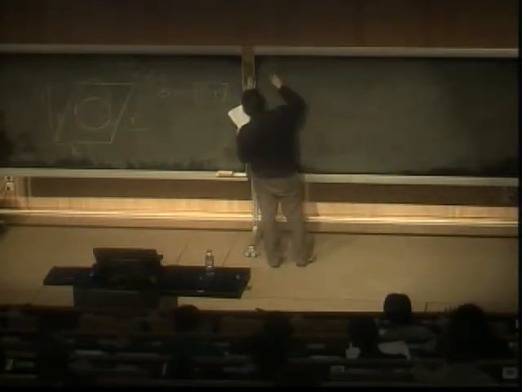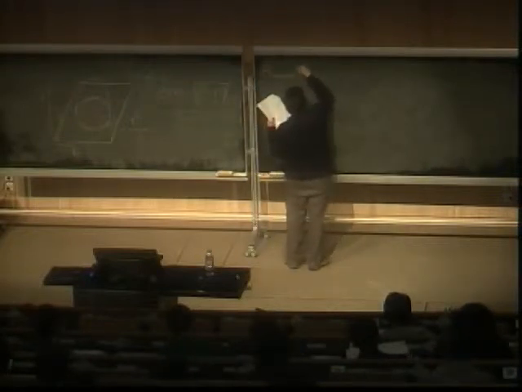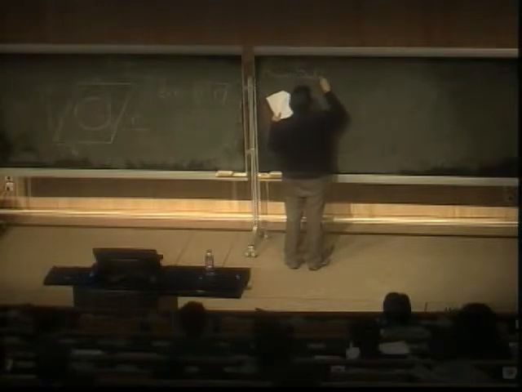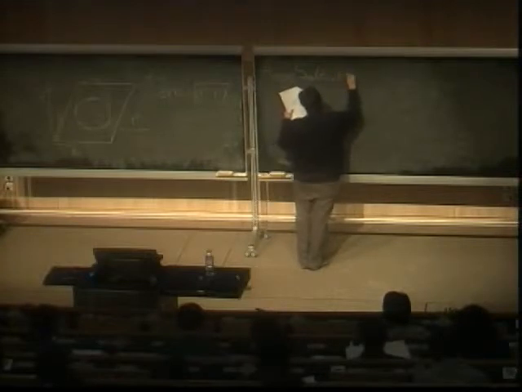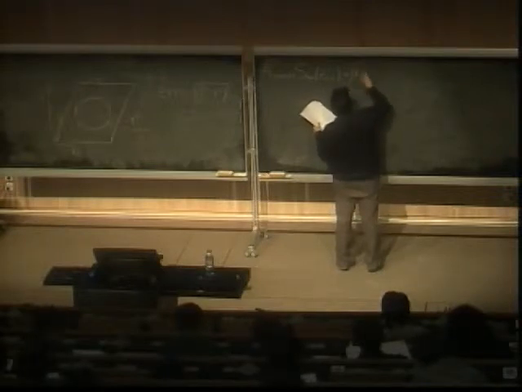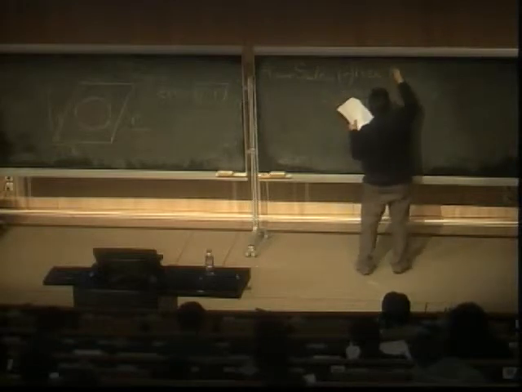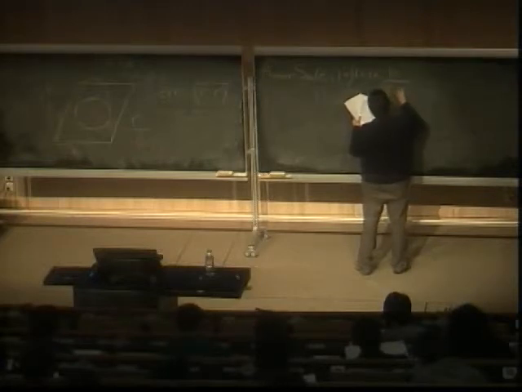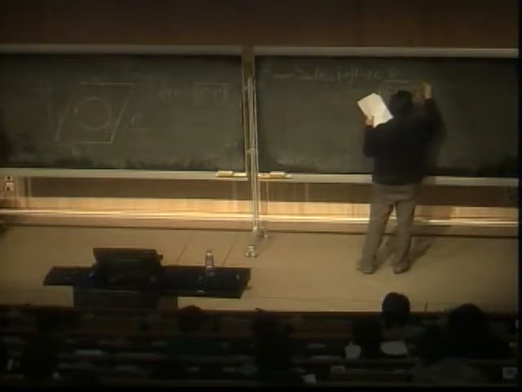So the minimal area is equal to the Nambu-Goto action, where you plug this classical solution, the minimal surface, and this is the integral dx1 dx2 of R over R squared minus x1 squared minus x2 squared to the 3/2.